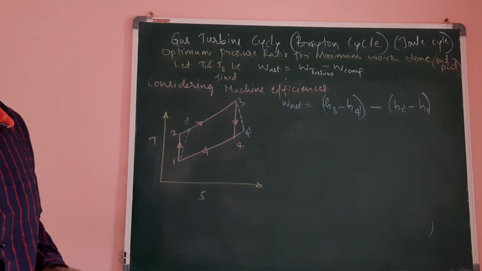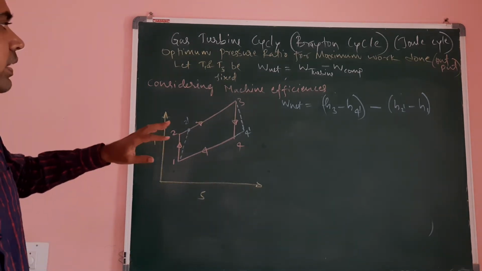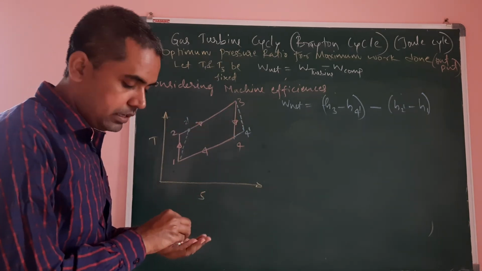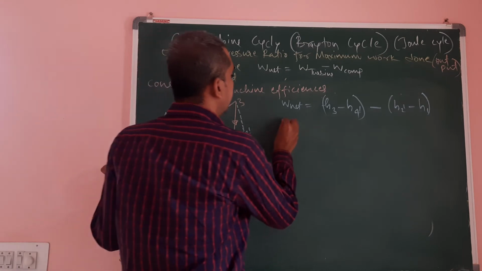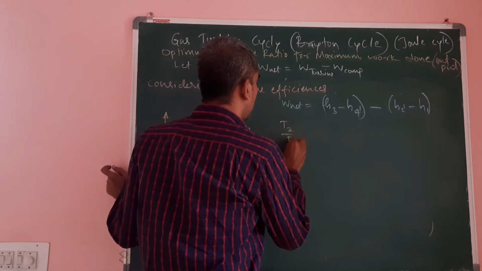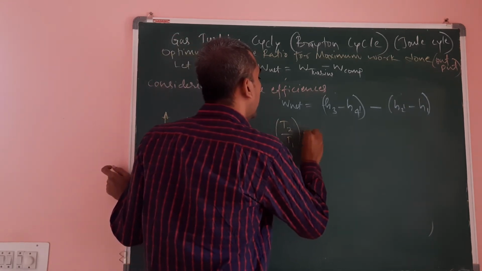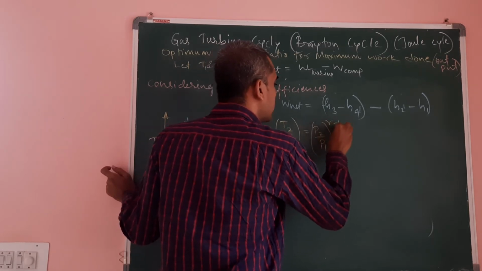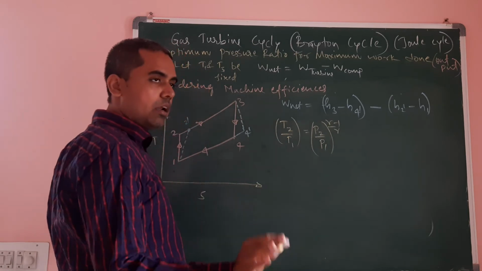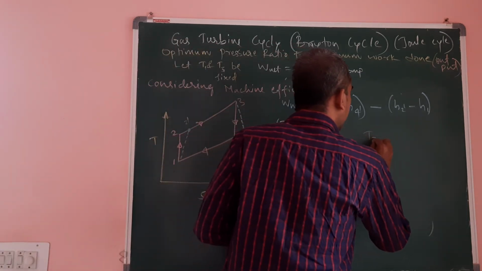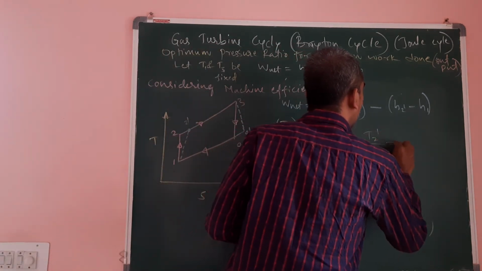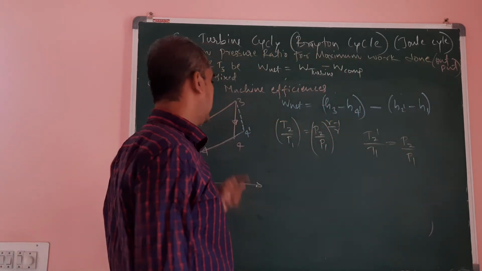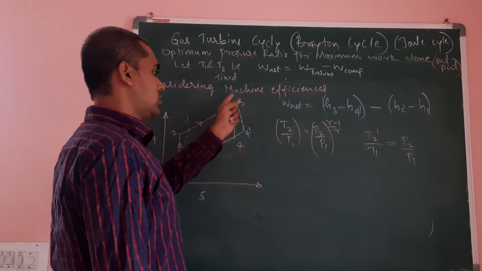But this actual work we cannot write like this. What we can write is T2 by T1 is equal to P2 by P1 raised to gamma minus 1 by gamma. But I cannot write T2 dash by T1 is equal to P2 by P1 raised to gamma minus 1 by gamma, even though P2 dash is the same as P2, because they lie on the same constant pressure line.